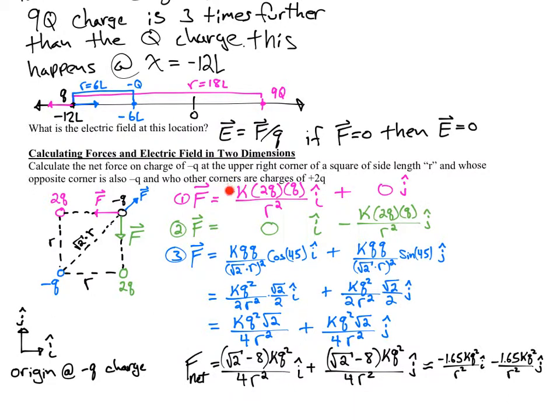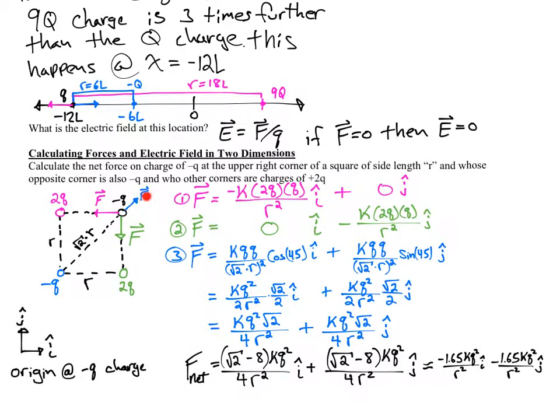It's negative because the force is to the left, and it does not have a component in the j direction. The force on the -q charge due to the other 2q charge at the bottom is very similar, but just in a different direction. So 0 in the i direction and a negative k 2q q over r squared in the j direction.